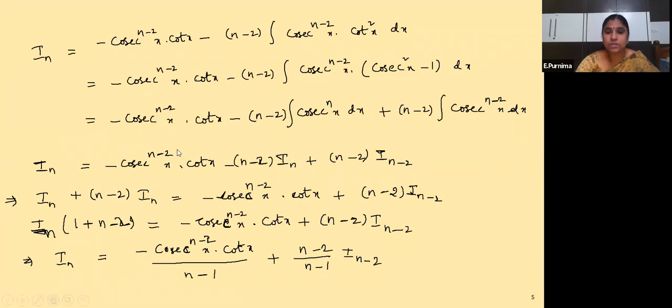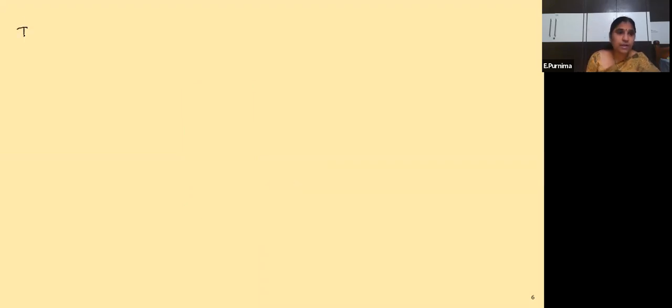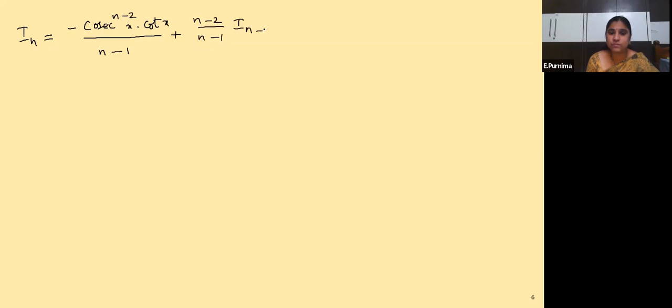I n is equal to minus cosecant to the power of n minus 2 x into cot x by n minus 1 plus n minus 2 by n minus 1 into I n minus 2. So this was our function.